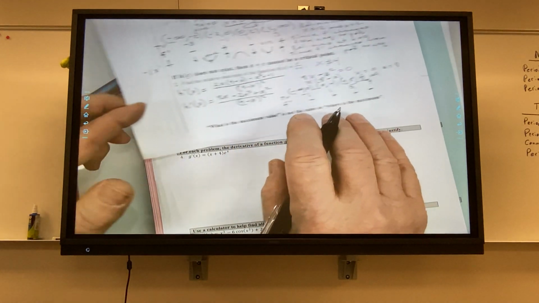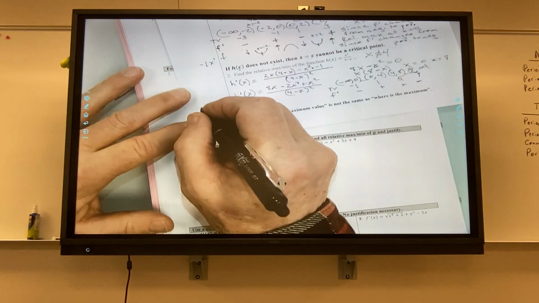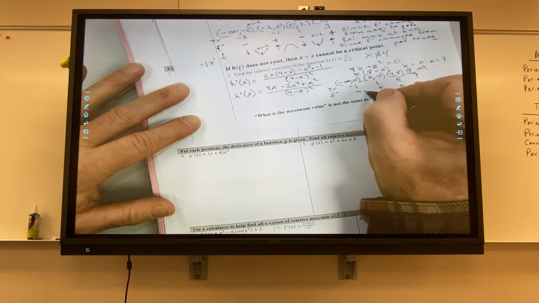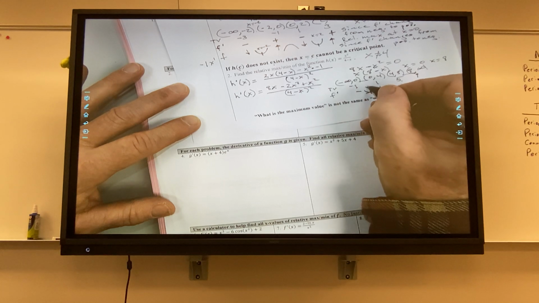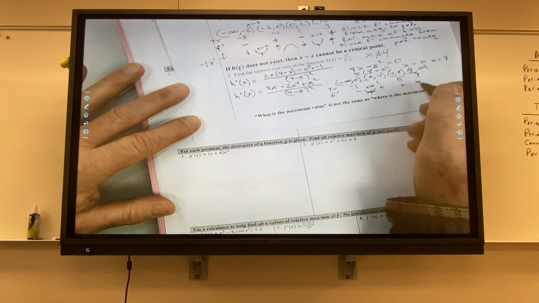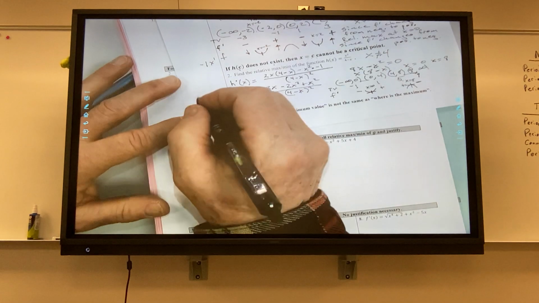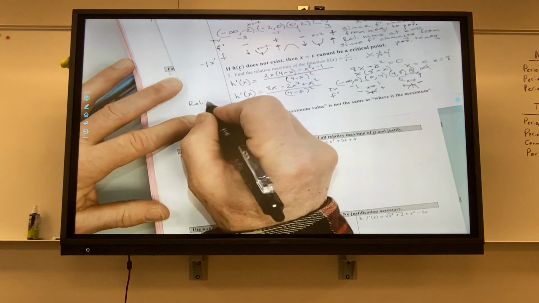Over here, do I have, right here at x equals 0, here's x equals 0 right here. Here is x equals 8, correct? So Tyler, a relative what at x equals 0?